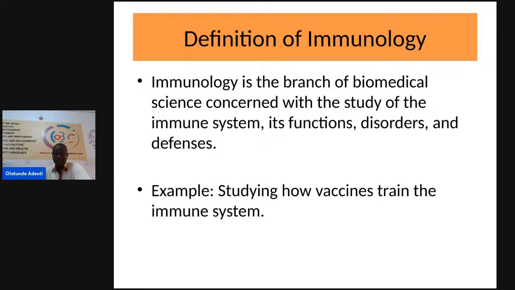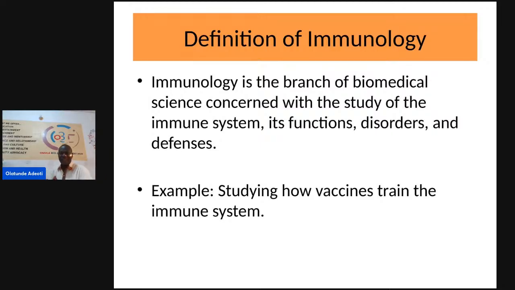We look at the immune system as a whole. So we look at the innate immune system, we look at the humoral immune system, and we look at the classical immune system. Then the function of the immune system and the components of the immune system, what are their functions? If you talk about the classical, what are the functions of the components of the classical immune system?